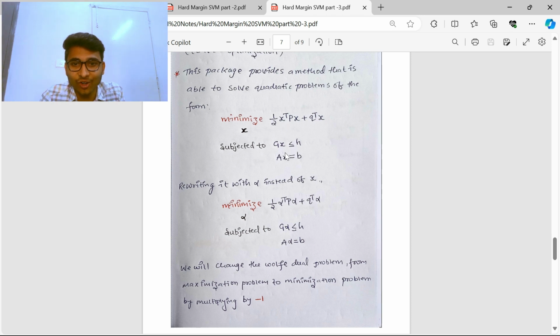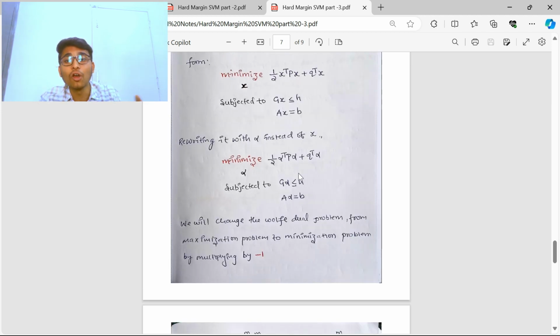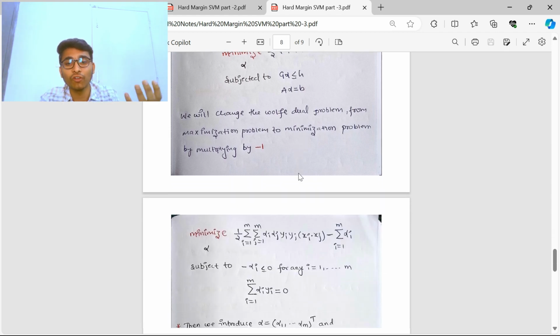Let's rewrite this x as our alpha. It will look like this: minimization of half alpha transpose P alpha plus q transpose alpha, subject to the constraints G alpha less than or equal to h, and A alpha equal to b. We want to find what P, q, G, h, A and b are for our problem, for our W of alpha.